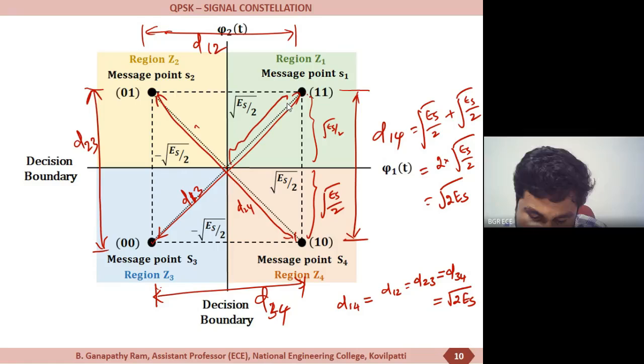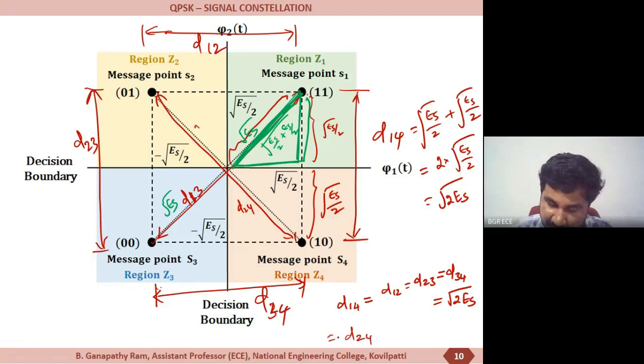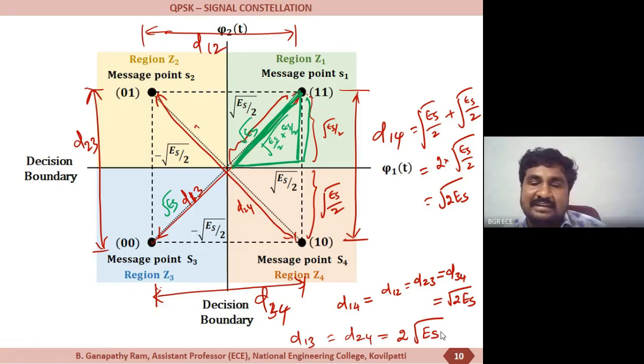This distance is the hypotenuse of a right angle triangle, which is nothing but square root of Es by 2 plus Es by 2, that is square root of Es, and here also we will have square root of Es. So D24 and D13 have the value 2 multiplied by square root of Es.